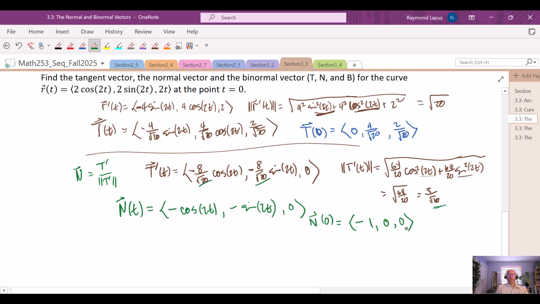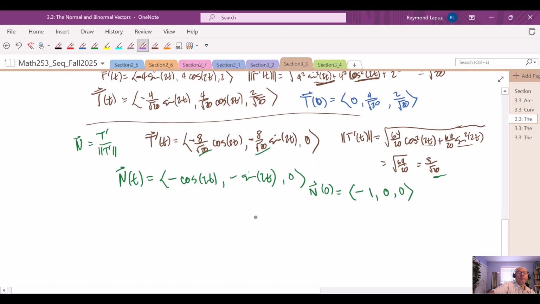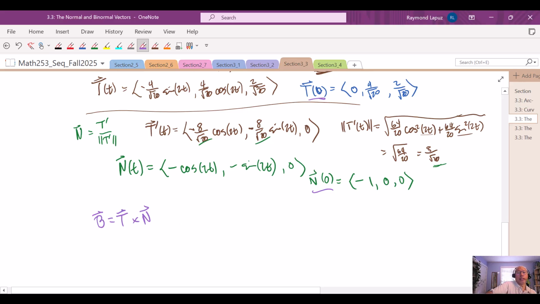Okay. Now to get our binormal, it's going to be the T first and then the N. And let's just use these two already figured out values because we want it specifically at t equal to 0.